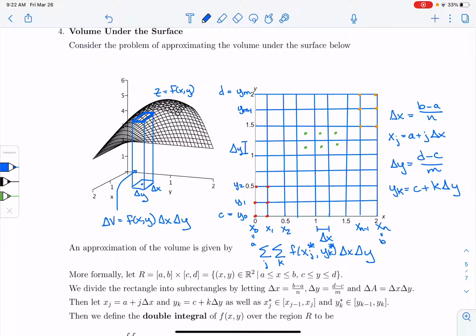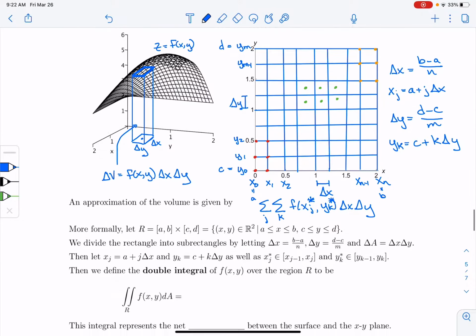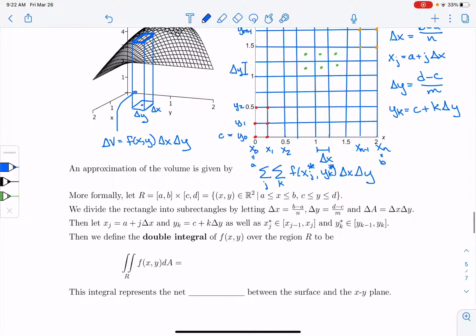So if we sum up all of those volumes that correspond to each one of these rectangles, then we would get an approximation of the volume underneath the entire surface. So formally, we let our rectangle go from a to b in x and c to d in y.